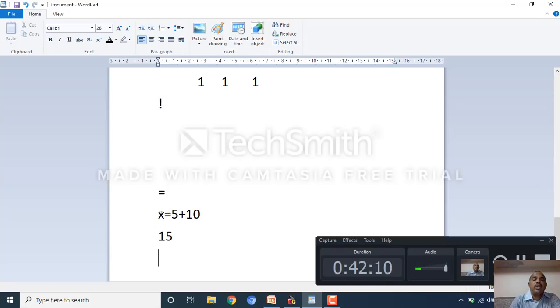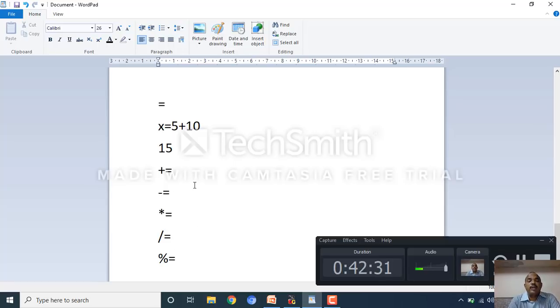With the help of the assignment operator, the right side value is assigned into the x memory location. Here also various types of assignment operators are available: plus equal to, minus equal to, asterisk equal to, slash equal to, percentile equal to. These are updating assignment operators.